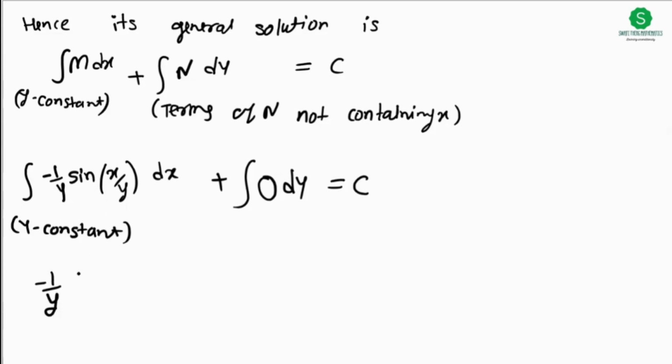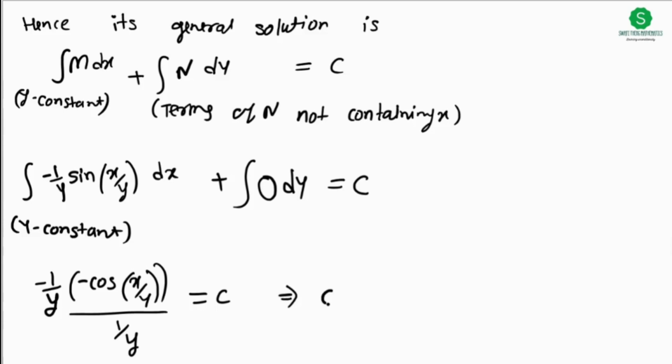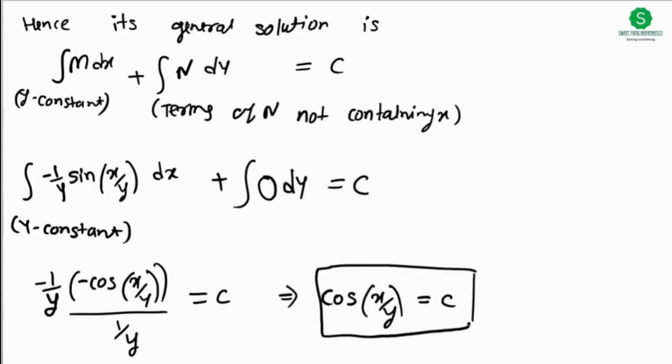Integration of sine is minus cos x by y, and here variable is x. So with the variable there is a constant 1 upon y, so that constant we have to divide. So 1 upon y is equals to c. So 1 upon y gets cancelled and this minus of minus is plus, that means final answer is cos x by y equals to c. So this is the solution of our given differential equation.